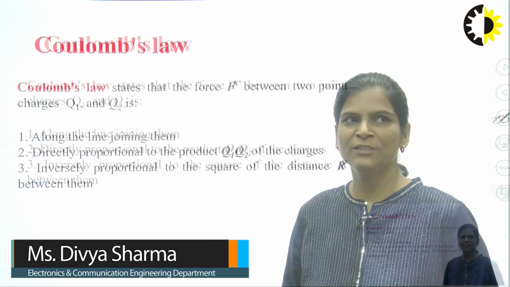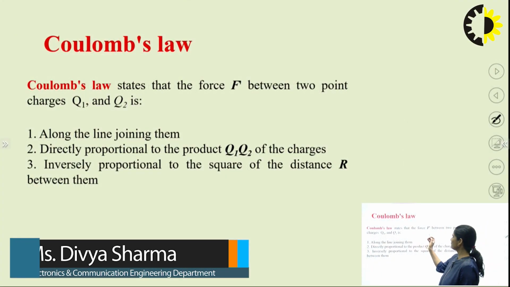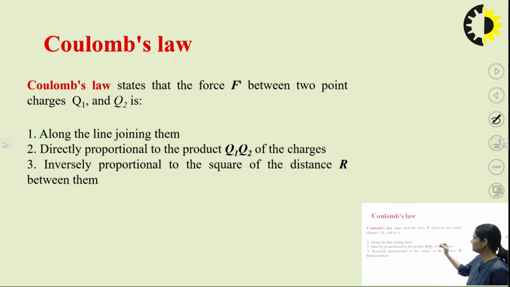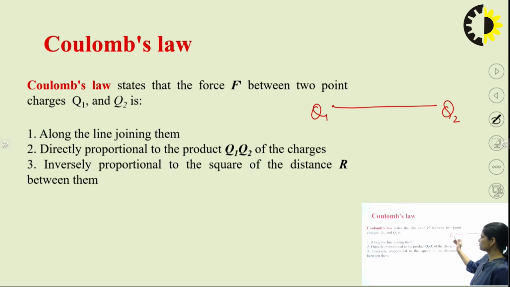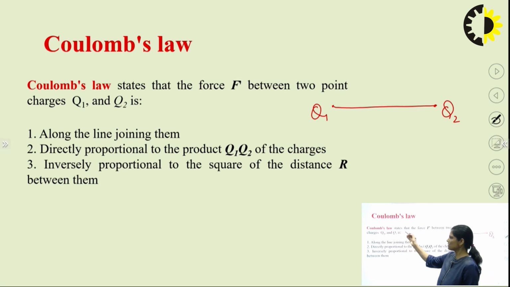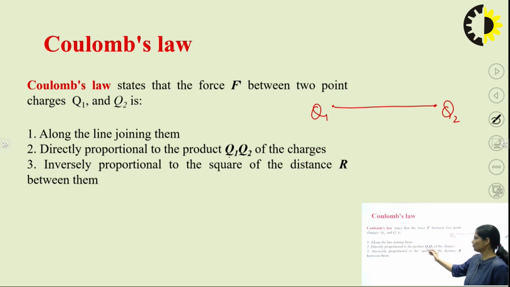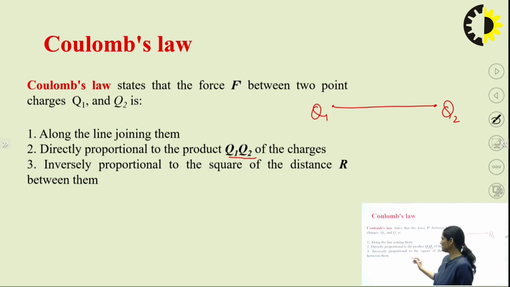Now first, what do you mean by Coulomb's law? Coulomb's law states that the force between 2 point charges, let's say Q1 charge at this point and Q2 charge at this end point, along the line joining them, is directly proportional to the product of Q1 and Q2 and inversely proportional to the square of the distance between them.